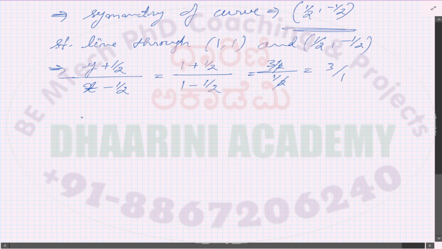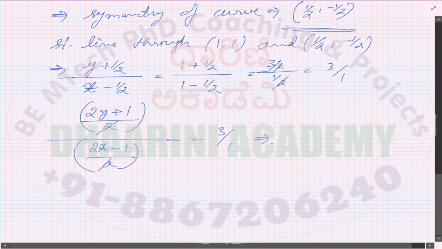So this means I cross multiply. I'll take a common denominator first, that is 2y plus 1 whole divided by 2, divided by 2x minus 1 whole divided by 2, is equal to 3 by 1. So 2 cancels. I can write the equation, 2y plus 1 is equal to 6x minus 3.